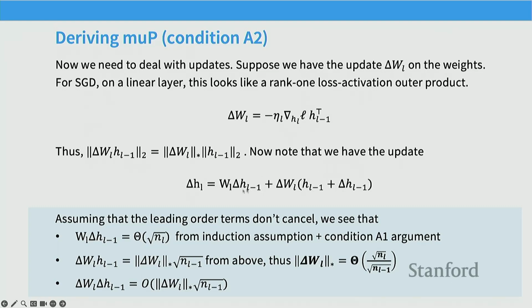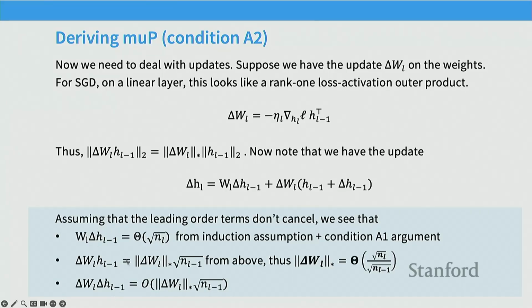The first term here, W_L delta h_{L-1}, we can assume is going to be controlled from the inductive assumption, because this is exactly the delta h_L that we have, plus the condition A1 argument. Condition A1 is going to say that delta h_{L-1} is going to be square root n_L, and then W_L is going to maintain that norm.